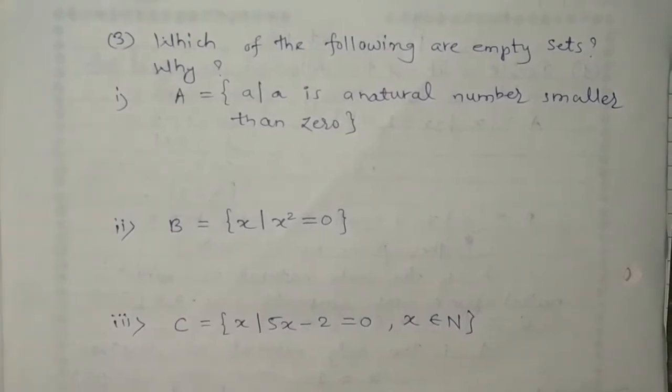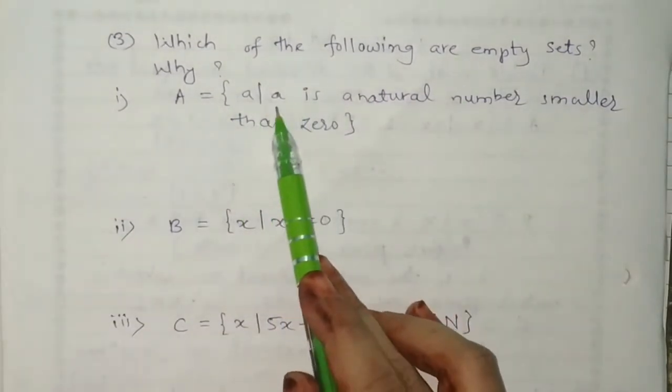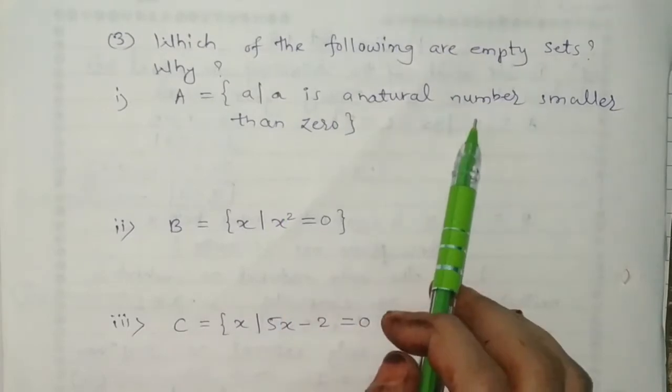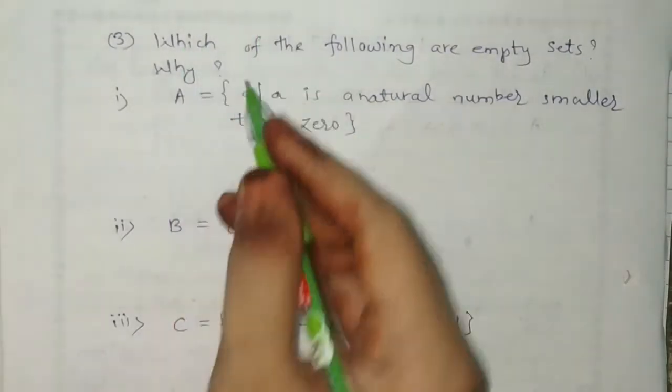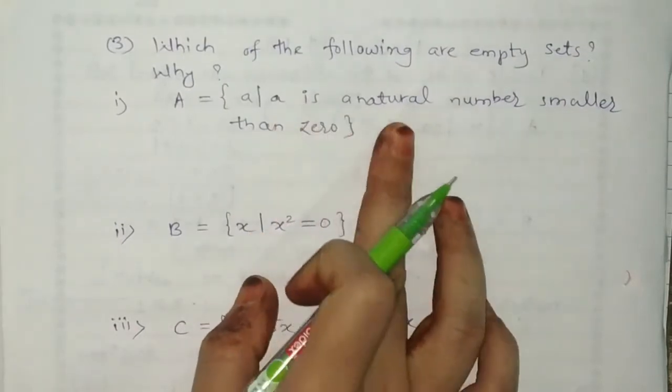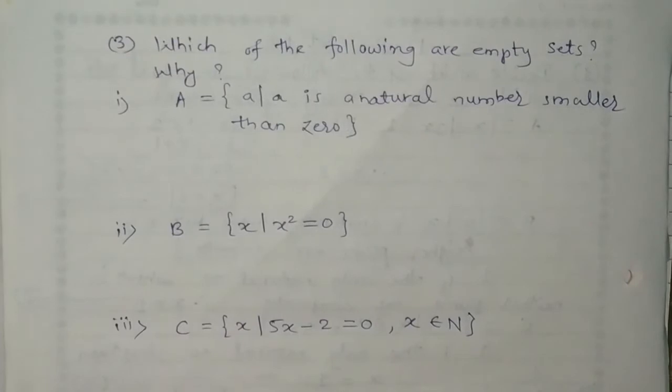Here it is given that set A is a set of elements a such that a is a natural number smaller than 0. We want to write a reason here. a is a natural number but smaller than 0. Children, we know that there is no such number which is less than 0 and is a natural number.